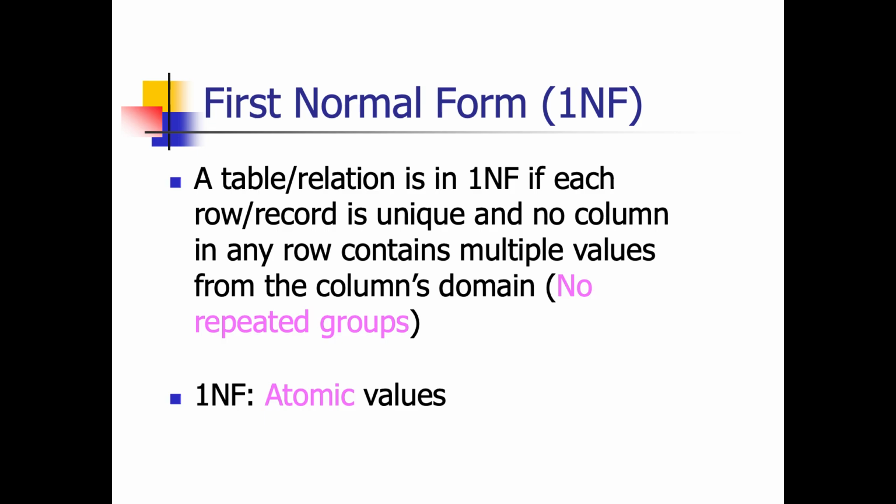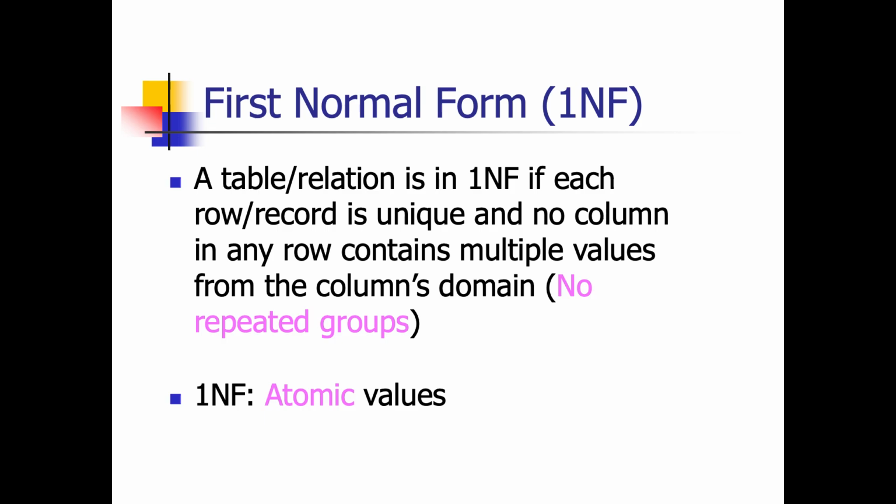This problem can arise in two different ways. Either you have different things stored in a cell. For example, you have a column for customer name and then address, right? Now, here you store my email address and my home address.